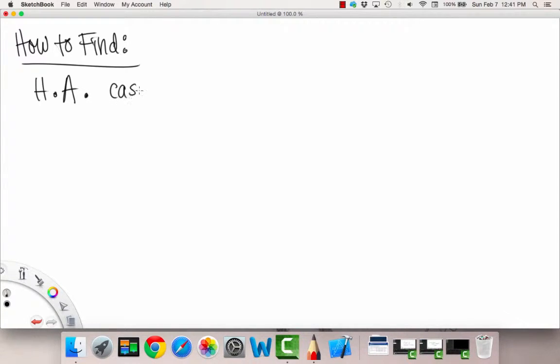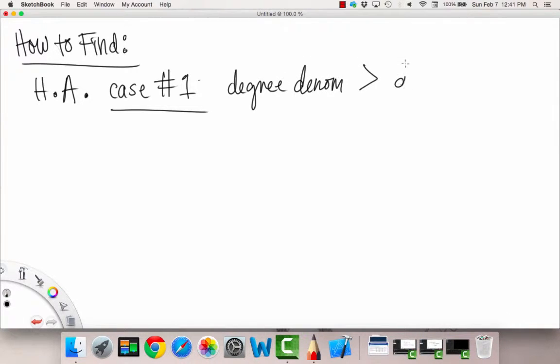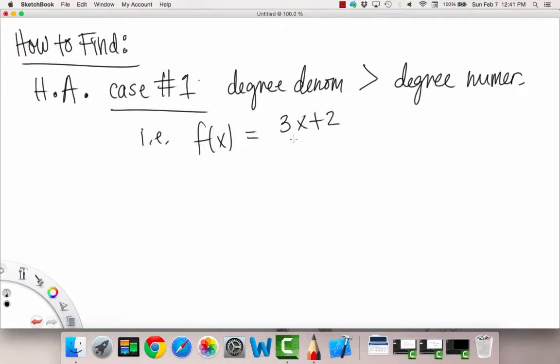Case number 1: when the degree, meaning the highest power, of your denominator is greater than the degree of your numerator. Let's say, for example, f of x is equal to 3x plus 2 over x squared plus 4x minus 5 or something like that.